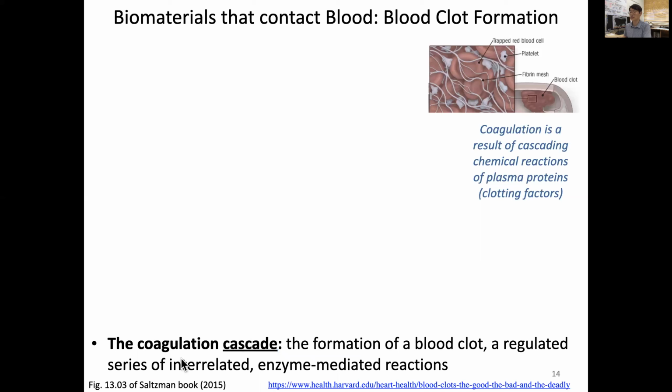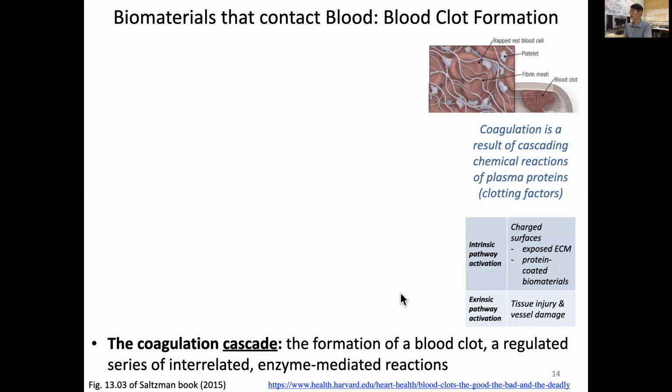And this is called the coagulation cascade. The formation of a blood clot is a very well-regulated series of interrelated, enzyme-mediated reactions, because this is very important for our life to stop bleeding and loss of blood.